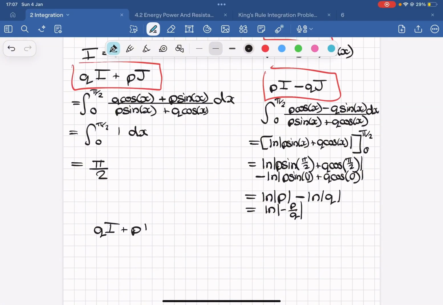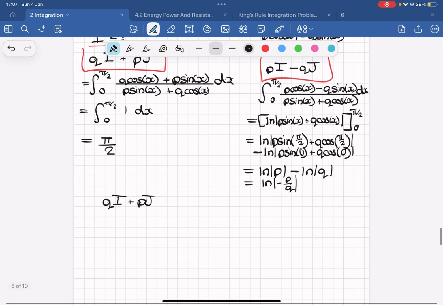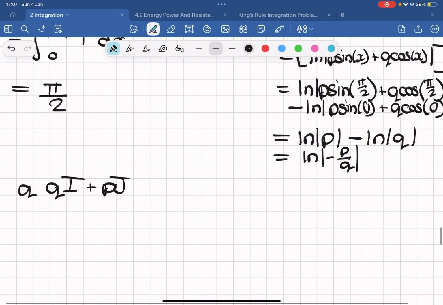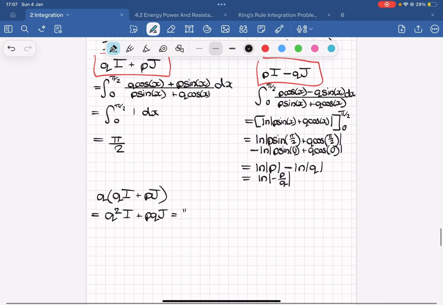So what we do here is force the j term to have the same coefficient. For our first expression, we multiply by q. So we have q squared I plus pqj is equal to pi over 2.